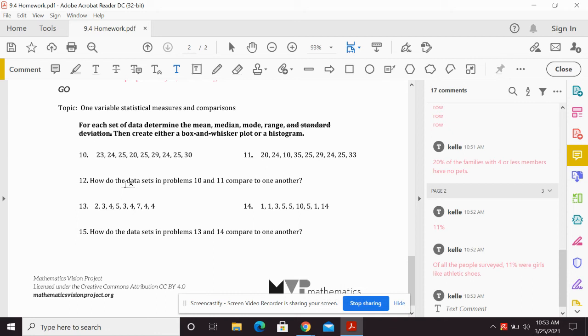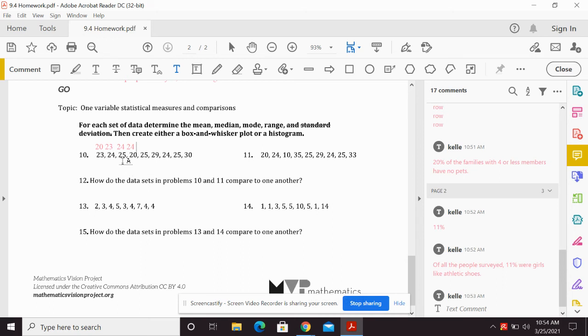So what's my smallest number on number 10? 20. Then I have a 23. Anything lower than a 23? Nope. Then I have 2 24s, and then 25.